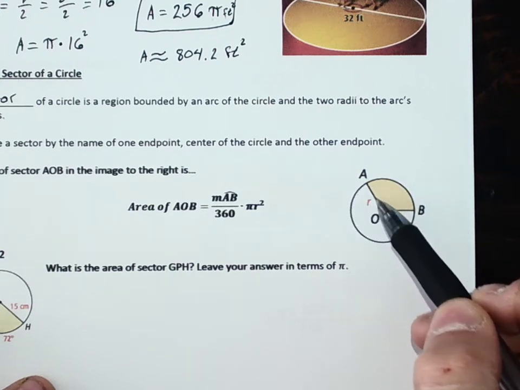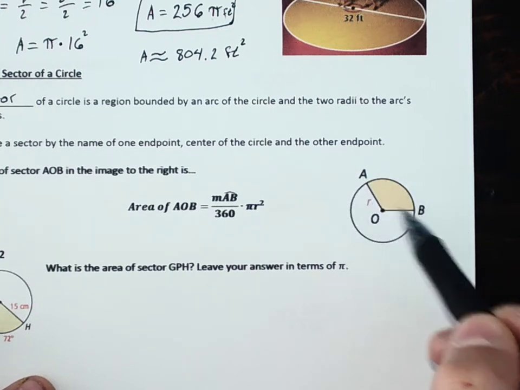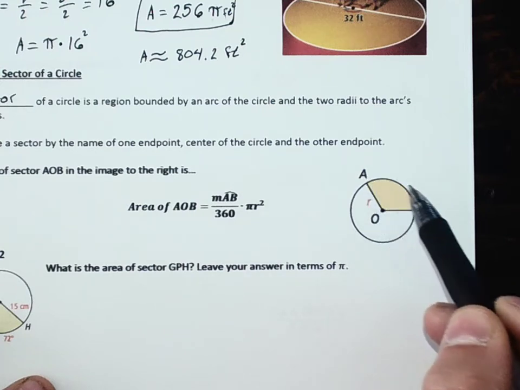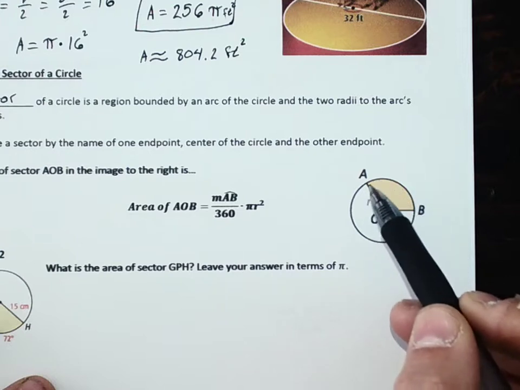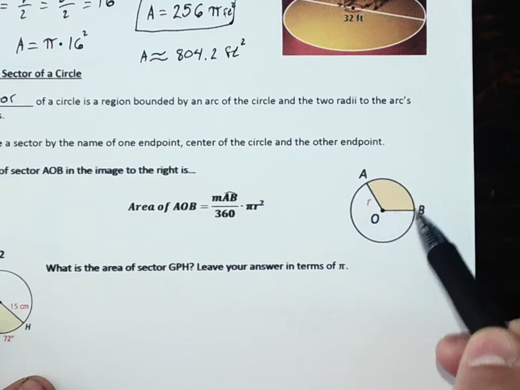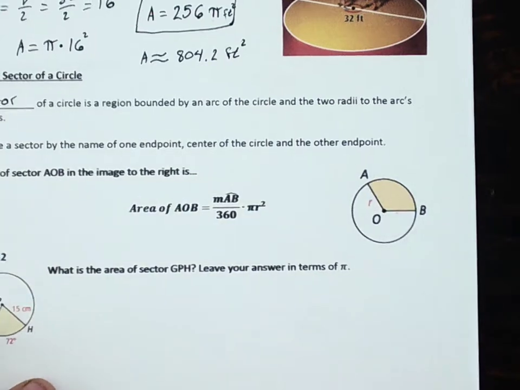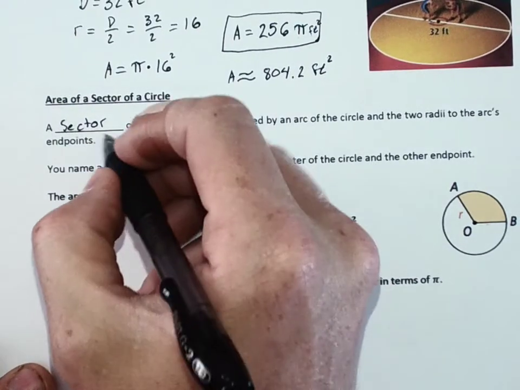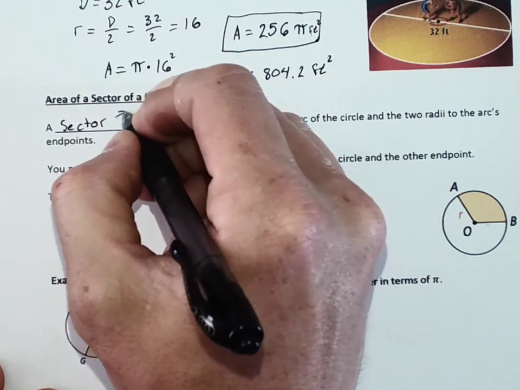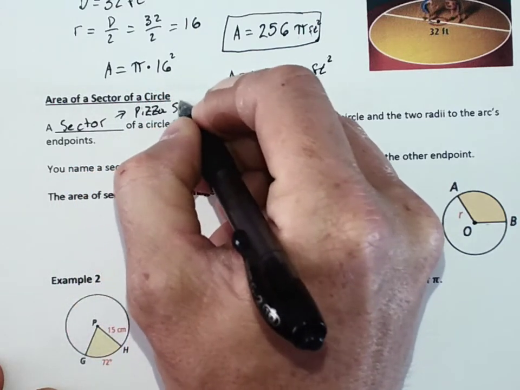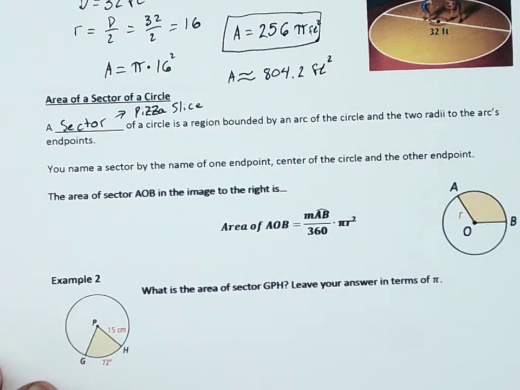You take a slice out, that's one radius, and you take another cut, that's the second radius, and this is the arc of it. So you have arc A to B, and you have two radii. This would be called the sector. It's a pizza slice of the circle. That's what a sector is.